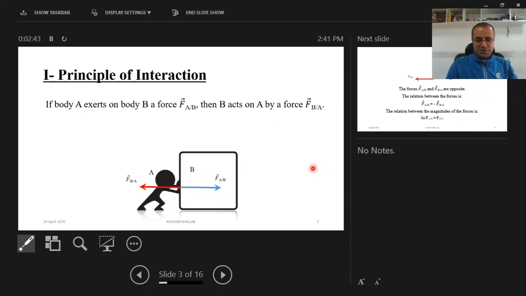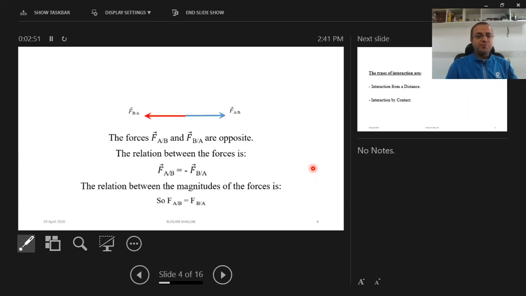So these two forces have the same line of action, the same magnitude, but opposite direction. Keep this in mind. These are the two forces represented here, Fa on B and Fb on A.